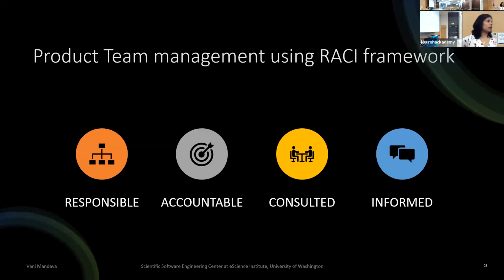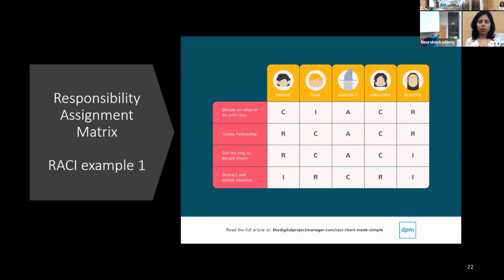So this is also another one of those concepts that has grown over the years. And these days, people use this RACI framework. This is a very common way of demonstrating what the RACI framework is like. I'm not super fluent in Lord of the Rings, but for those of you who are, you can see that in pink are the different tasks that are involved in the series, in the epic.